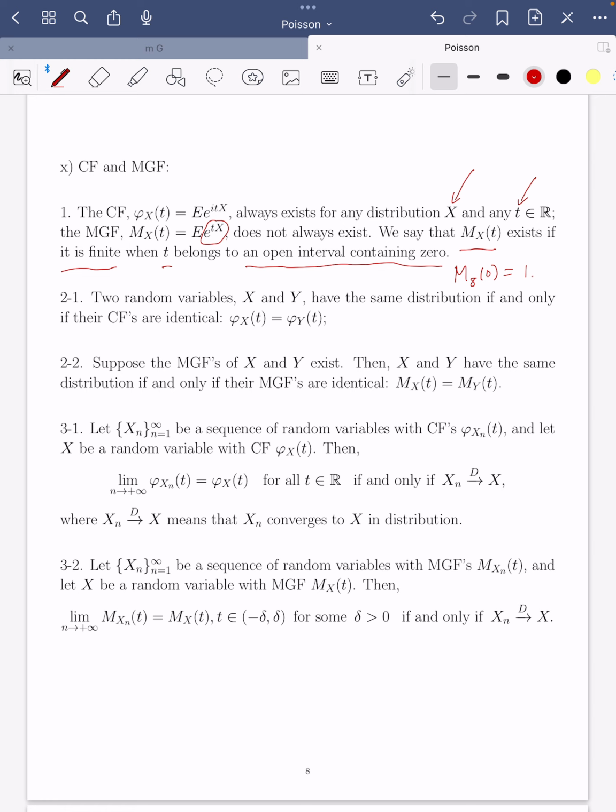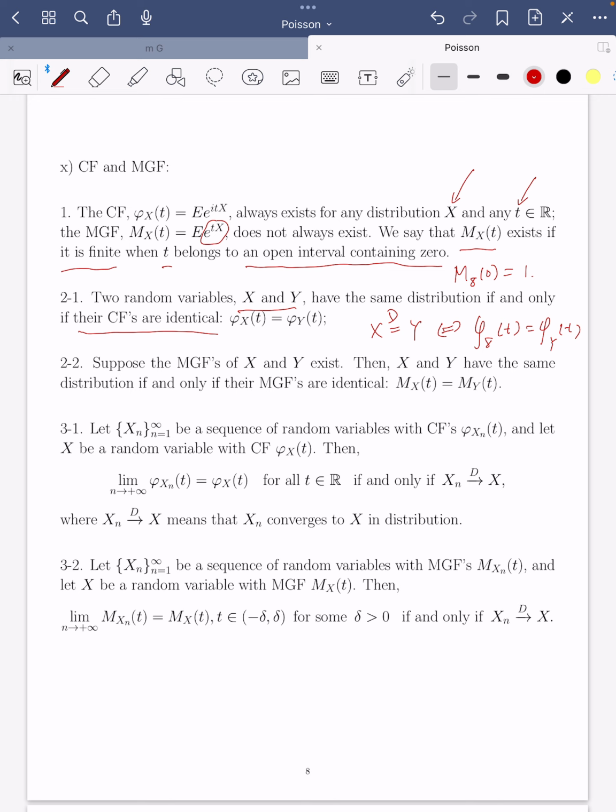For two random variables x and y, we can check whether they have the same distribution by checking whether their moment generating functions are identical. This means that x equals y in distribution if and only if they have the same characteristic function, so phi x of t is equal to phi y of t.